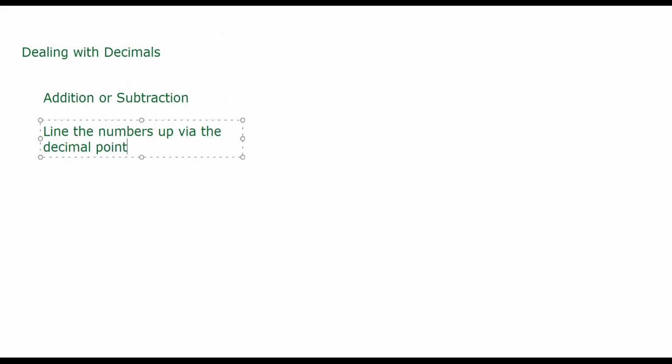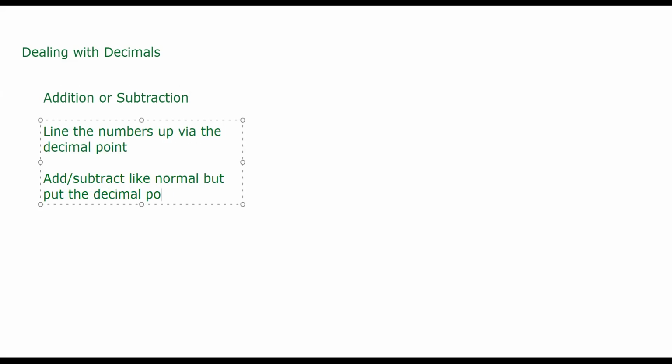Okay, so addition or subtraction. Well, you're going to ultimately line the numbers up via the decimal point, and then add, subtract like normal, but put the decimal point in the same place.